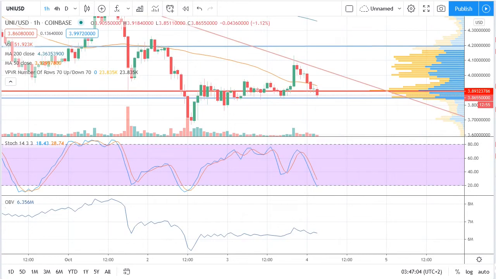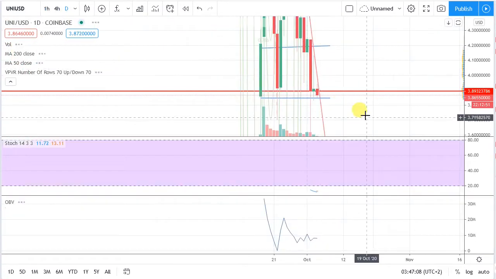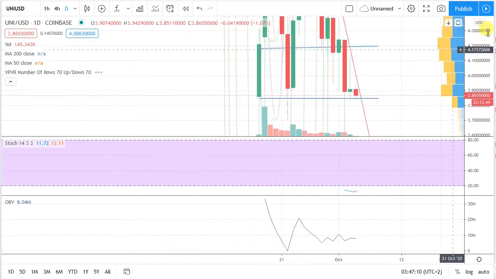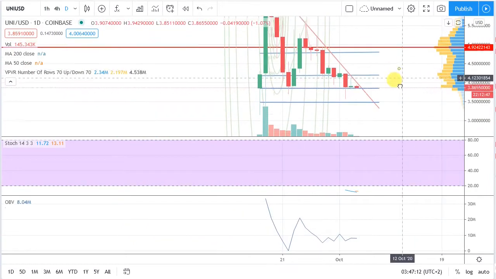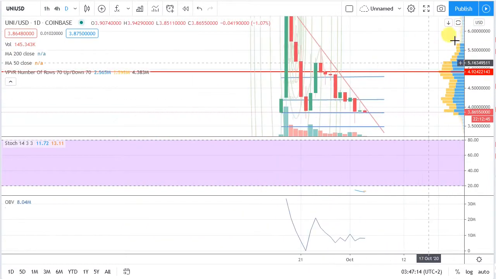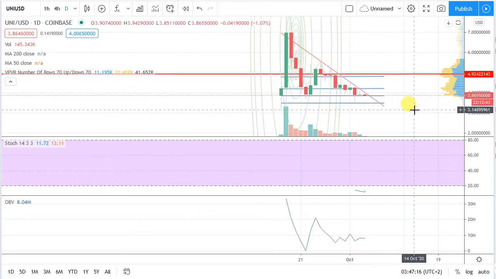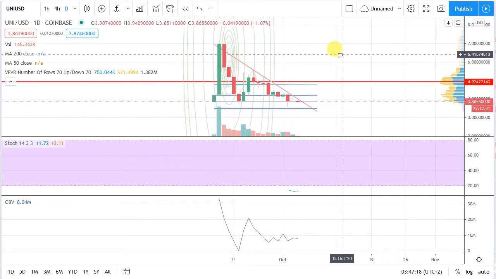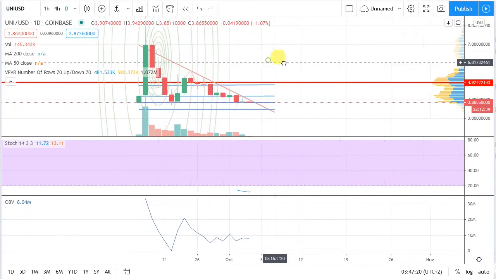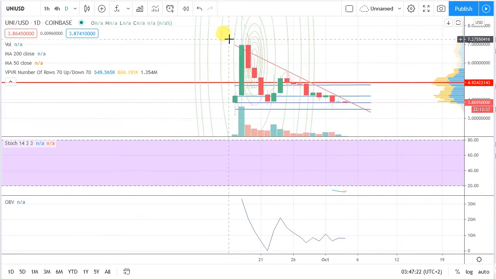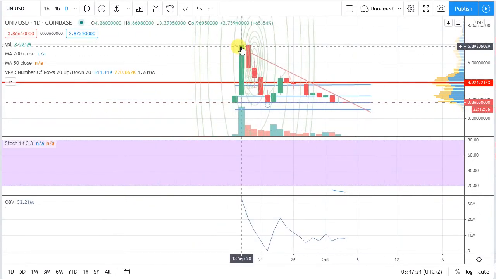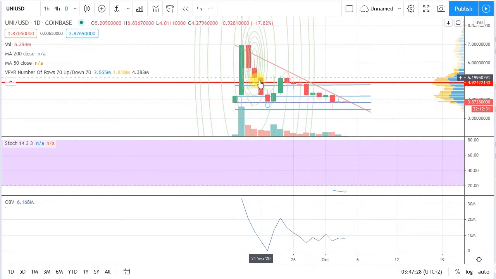So let's zoom back out and look at the 1-day version of this chart. Looking at the 1 day, this doesn't look good at all. So it looks to me, from this point of view, like a continuation of dumping. So once we put this thing out here and all the airdrops went on and everybody got their 400 happy little tokens, large sell-off here as people ran for getting their cash, getting their $1,200 to $1,600.